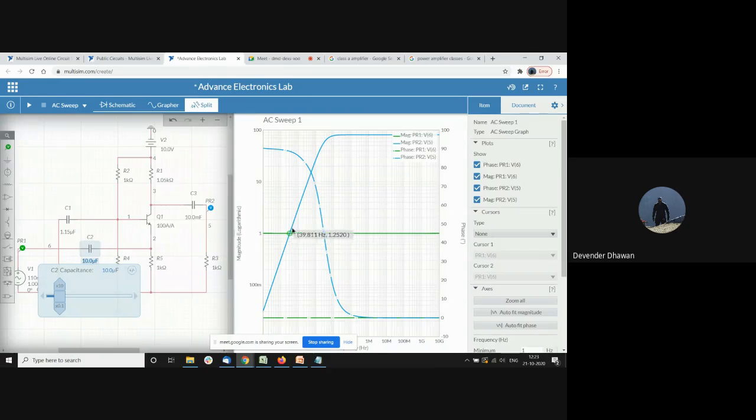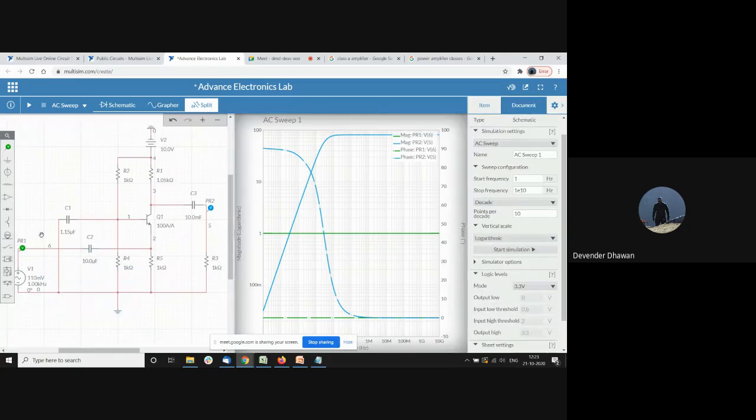So exactly a tenfold change has happened. Earlier it was surpassing around 3, now it is surpassing around 30. So that is the change, and we decreased it by a factor of 10. So we can easily see that this capacitor is inversely proportional to my gain.